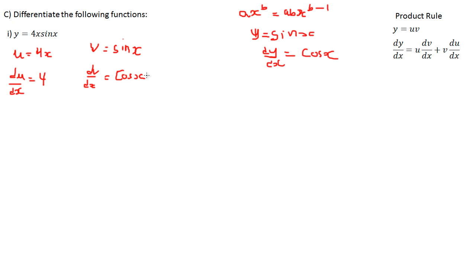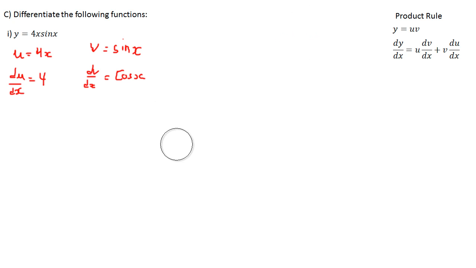Now we've got to use the product rule that I mentioned earlier. I'm going to remove this to not confuse anyone else. So dy by dx, we're using the product rule, so it says that we should put u first. So u is 4x times dv/dx, so cos x.